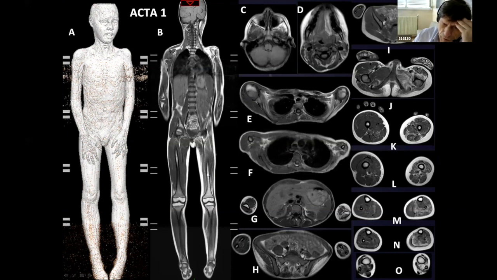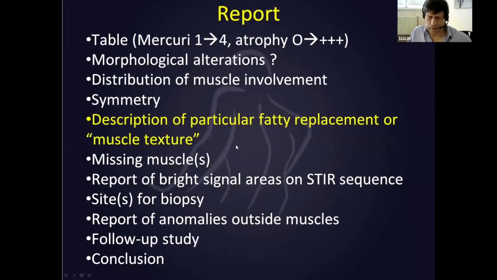The femur is more fatty replaced and is atrophic compared to the right femur. One thing that is also very important is the description of particular fatty replacement, which sometimes permits an easy diagnosis.